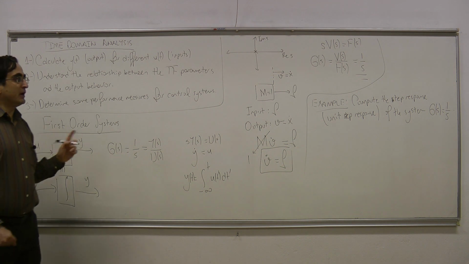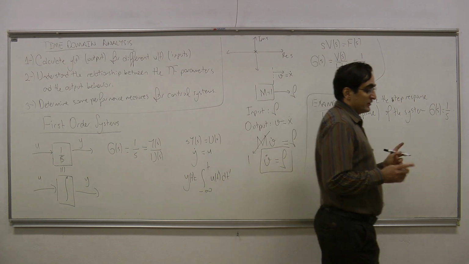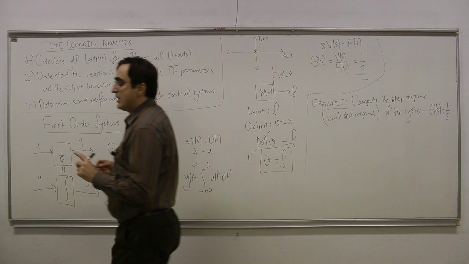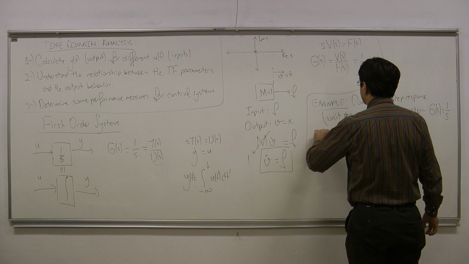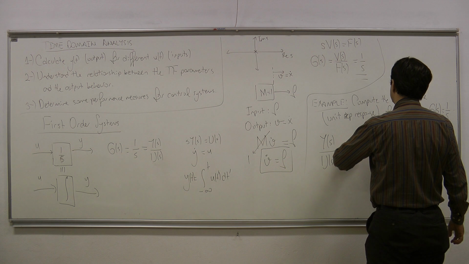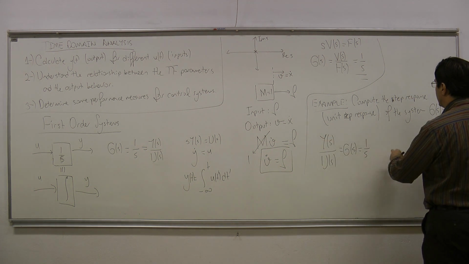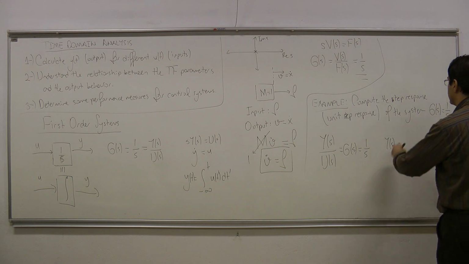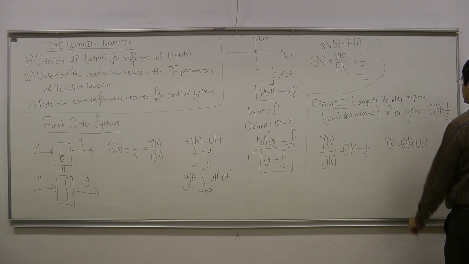So what do we mean by unit step response? It is the response, the output of the system, when we give to it the unit step function as an input. Okay? So we know that the output Y of S over U of S for the system is G of S, which is equal to 1 over S. And when I look at this equation, Y of S, the Laplace transform of the output, is the transfer function times the input Laplace transformation.